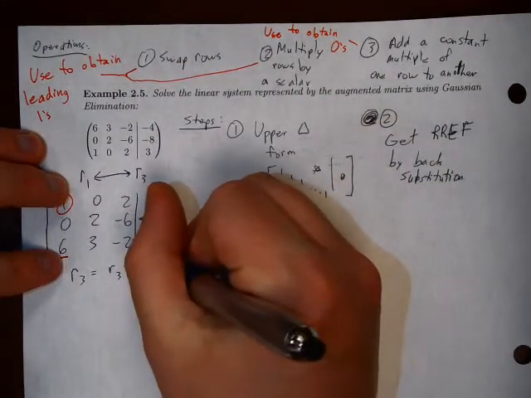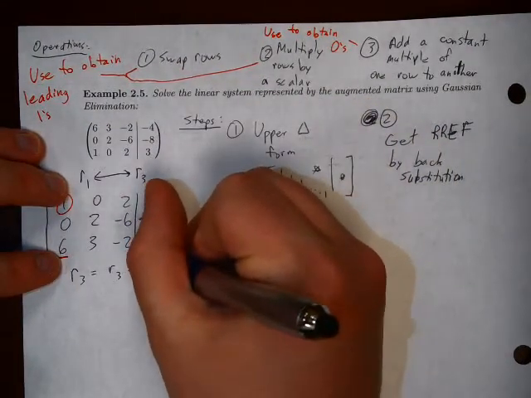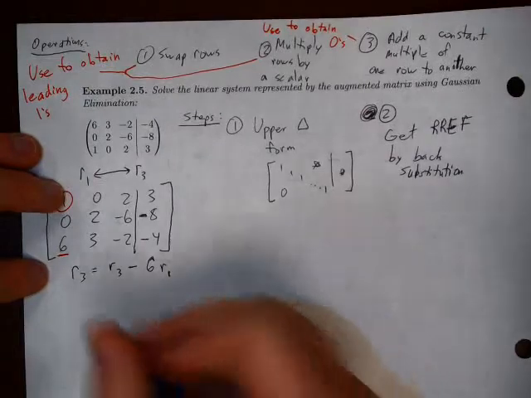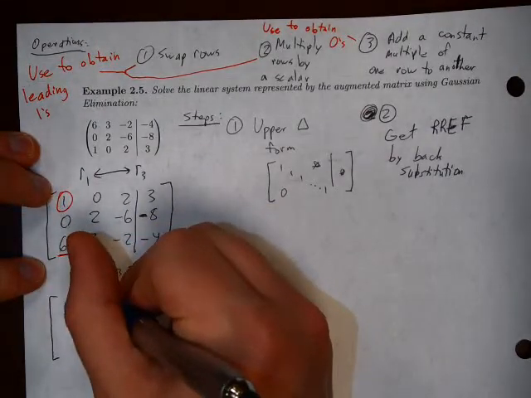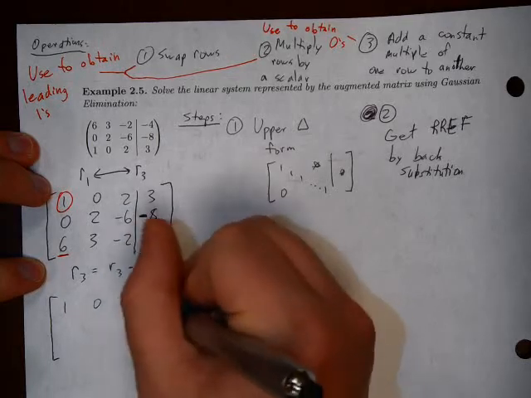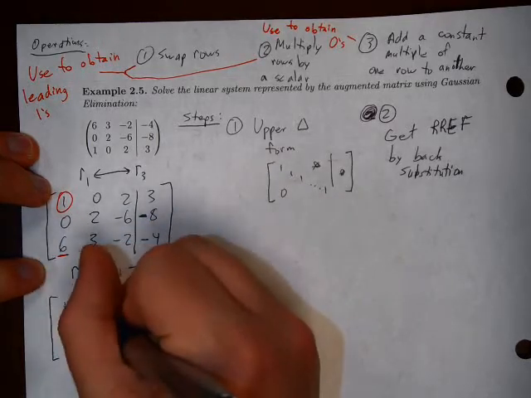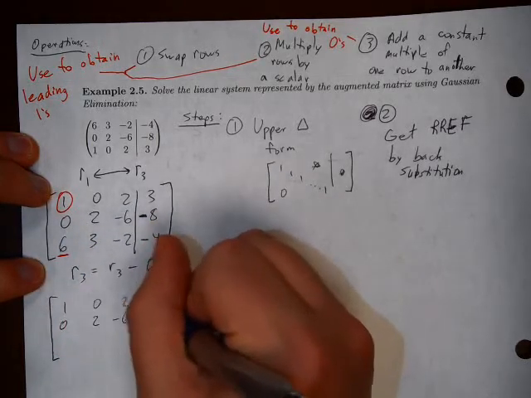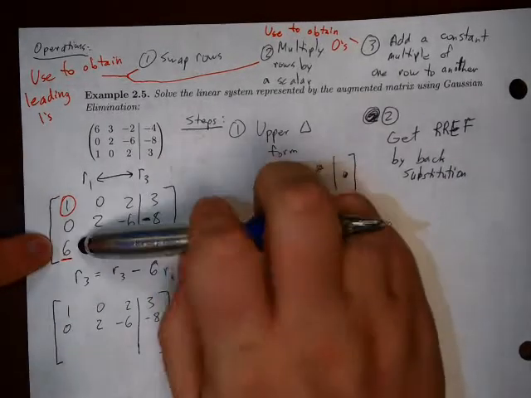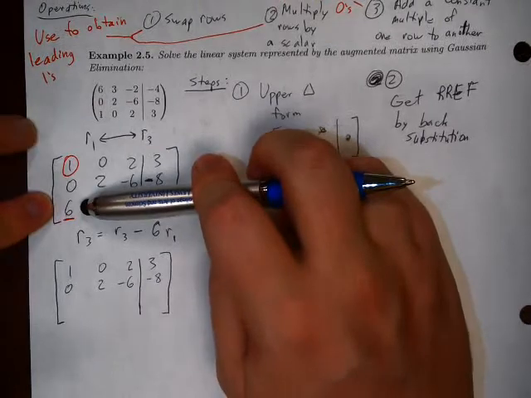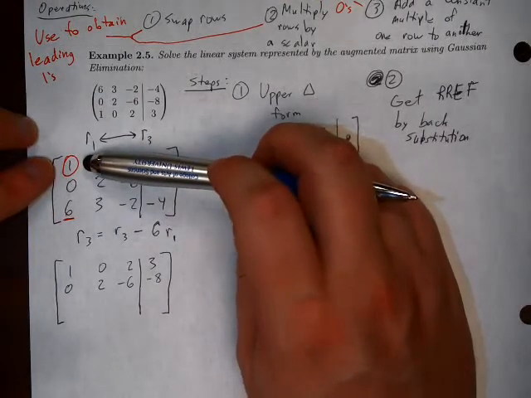So we'll take row 3 and subtract 6 times row 1. We still leave row 1 and row 2 the same. For row 3, we take whatever entry is here and subtract 6 times the entry here.